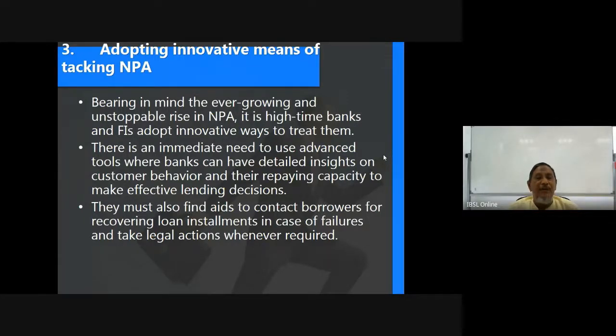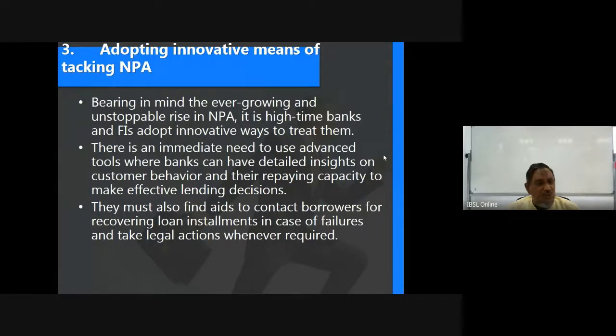You have to find innovative ways, not traditional ways, new ways. There is an immediate need to use advanced tools where banks can have detailed insight on customer behavior and their repaying capacity to make effective lending decisions. It's very important.